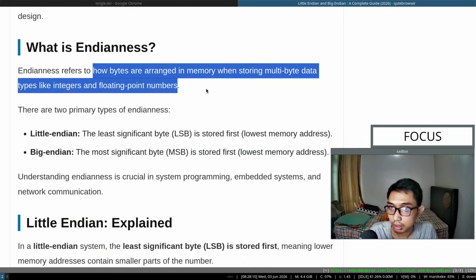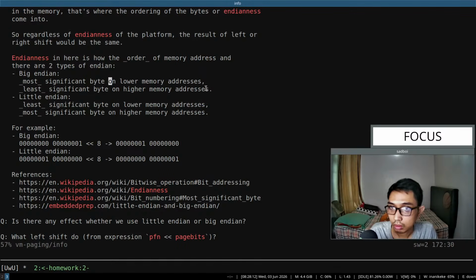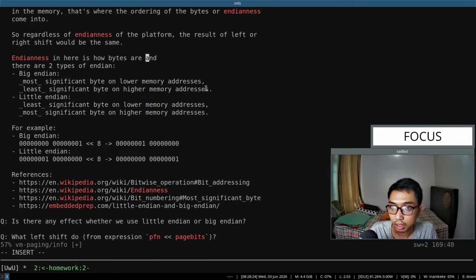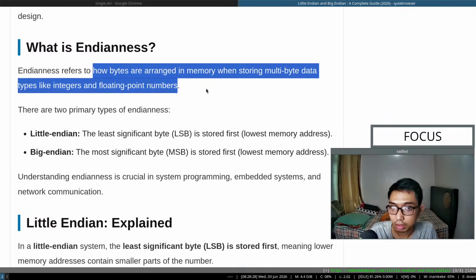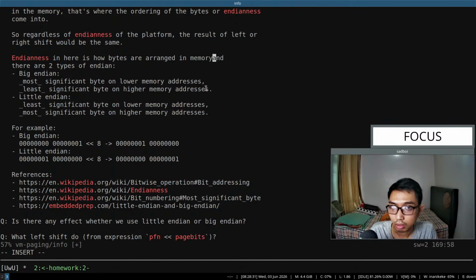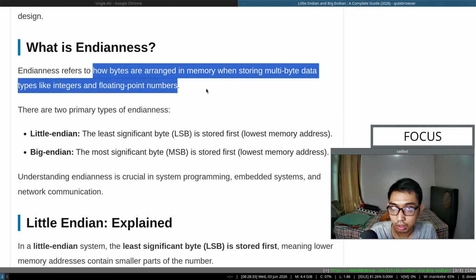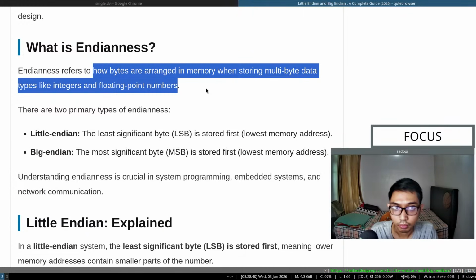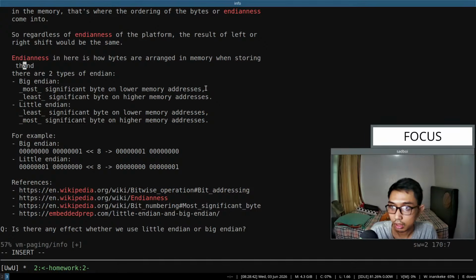In here is how the bytes are arranged in memory when storing the data, guys.